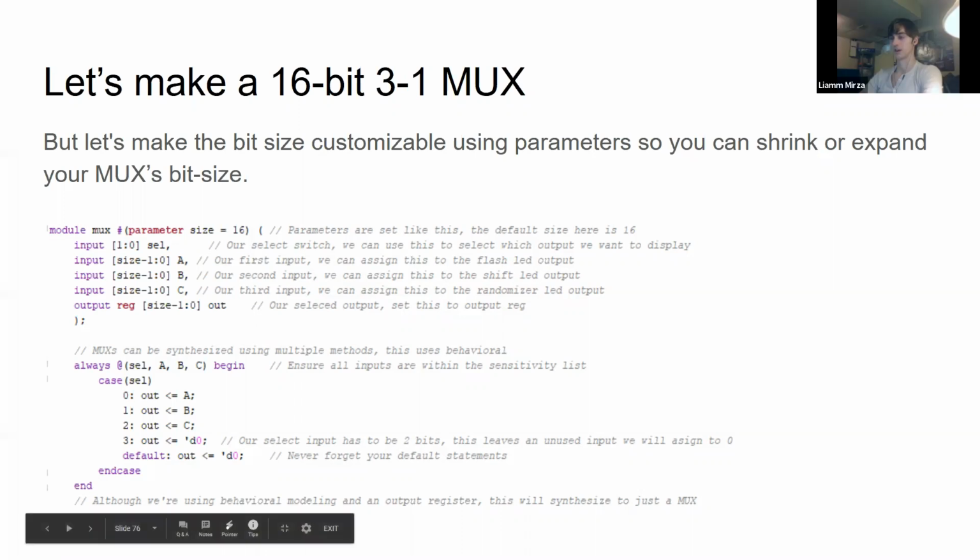And here we just have behavioral code that ties the output to the different inputs depending on the select using a case statement. Then we have a default, which is like the get out of jail card, so that you don't have unknown behavior.